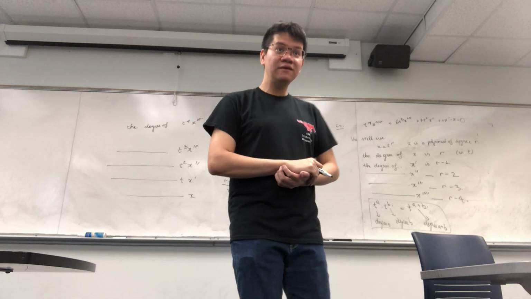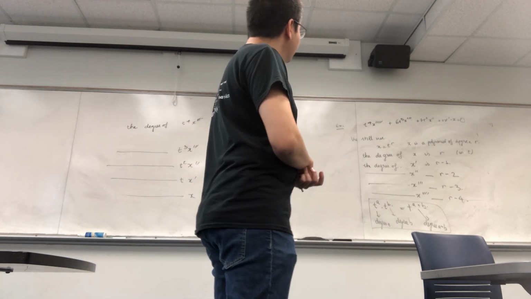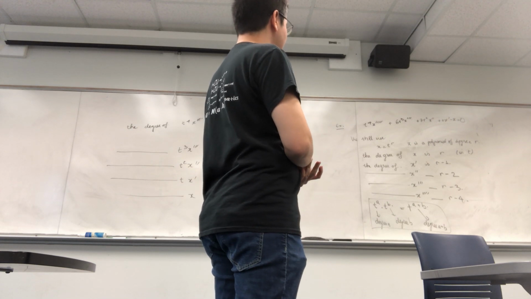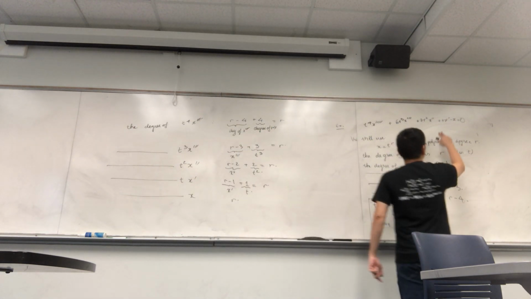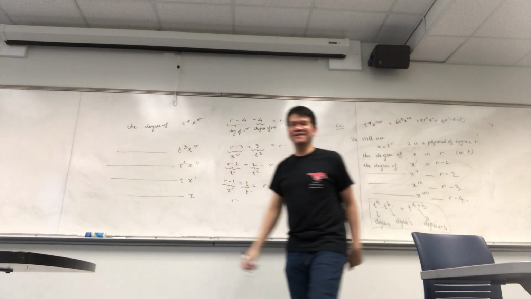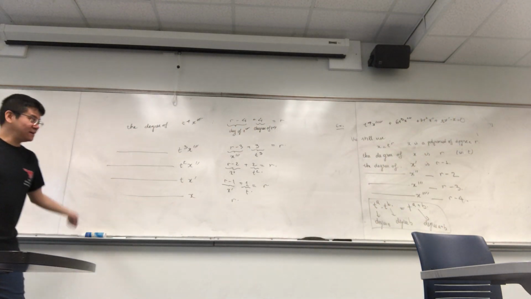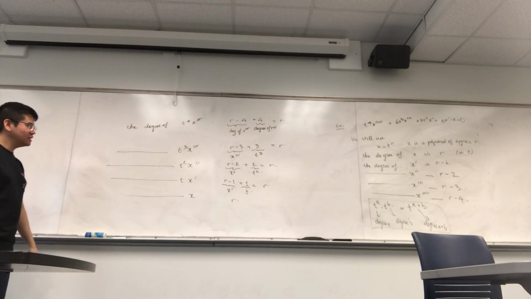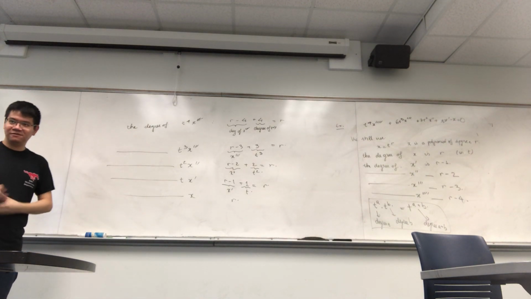In the equation, it should be t times x prime. I'm sorry, I didn't see that. So this is plus t times x prime. Now you observe that all of the coefficients of that equation have degree r.